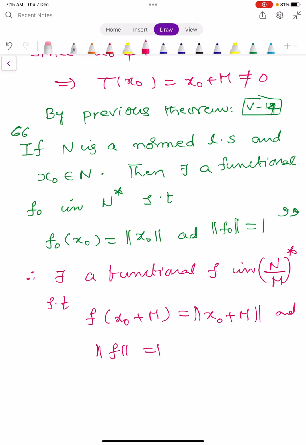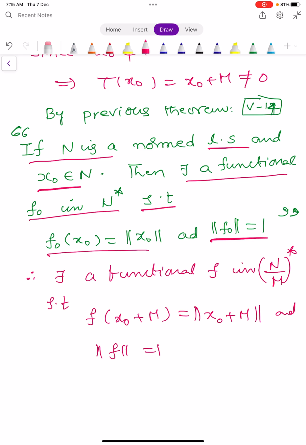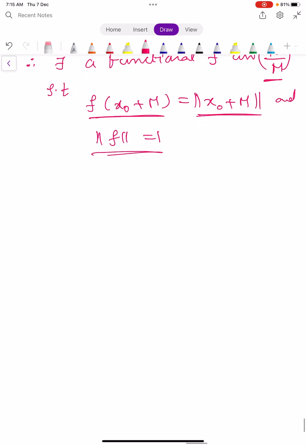So we are applying this theorem: if N is a normed linear space and x naught belongs to N, then there exists a functional f naught in N star such that f naught of x naught is equal to norm x naught and norm f naught is equal to 1. This theorem was explained in the 14th video. So applying this theorem to the present theorem, there exists a functional f in (N by M) star such that f of x naught plus M is equal to norm x naught plus M and norm f is equal to 1.